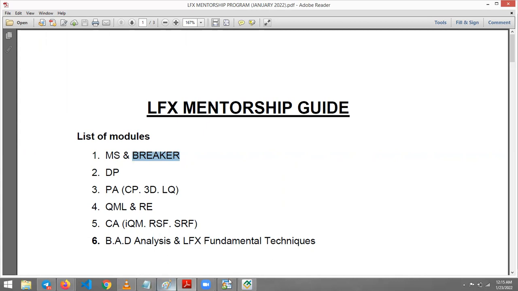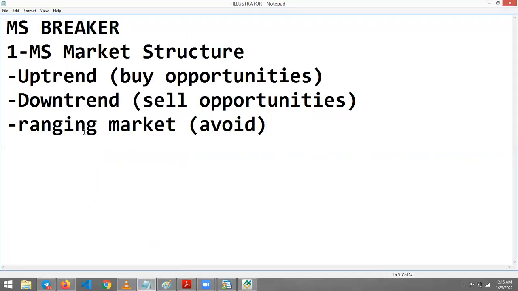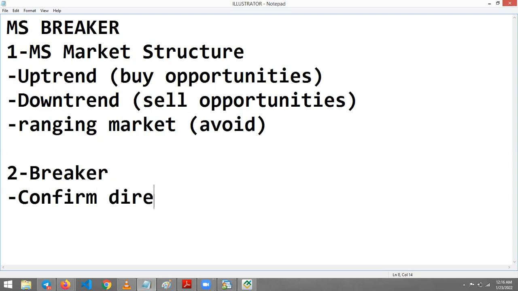Let me see. Let me get back here. So we're going to what we call the breaker, right? The breaker. So now there are two things that the breaker helps us to identify. First of all, it helps us confirm the direction of price.